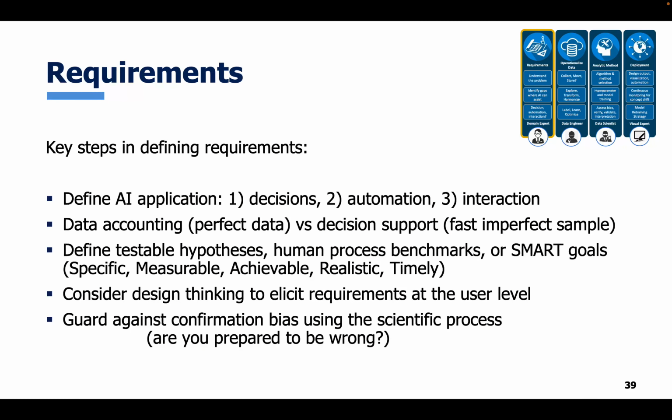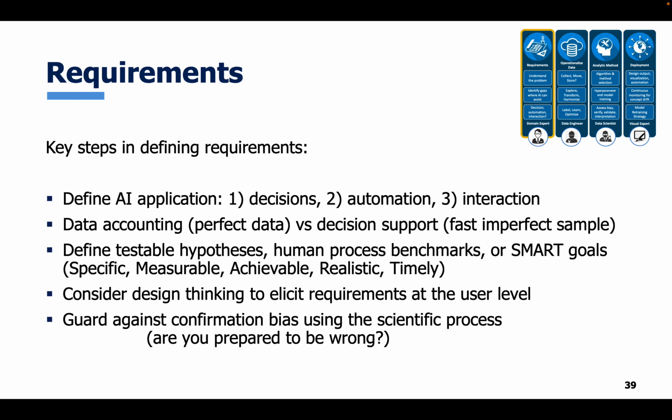And like I said before, you have to go back and formalize what you think the key levers are and test them. That is a critical step in this ROAD process. It's essentially the way you're guarding against confirmation bias. And the question you should ask at the end of the requirements phase and the end of creating the testable hypotheses is, are you prepared to be wrong?